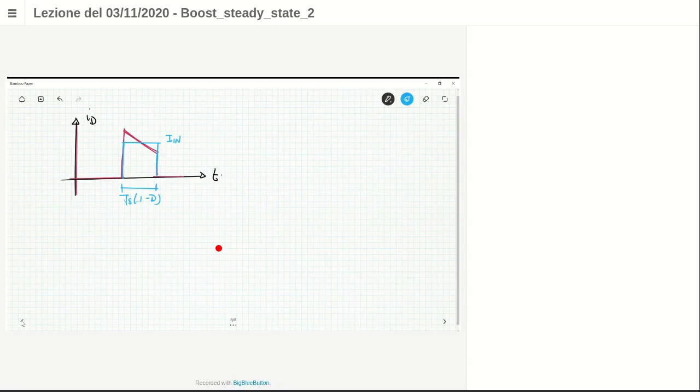So again, in order to compute the root mean square value, I have to square this rectangular waveform, average over the Ts period, and then take the square root.